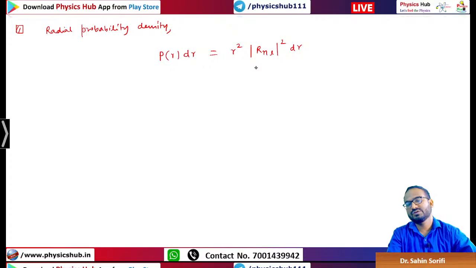It is denoted by P(r) dr. Look, normal probability density is given by, let's say, the wave function squared. Here it is radial, so r square times the radial part R_nl whole square dr. This extra r square is coming because of the dependence of 4 pi r square. So that r square is coming. So whenever radial probability density is asked, you have to multiply r square and the radial part of the wave function squared. Okay.